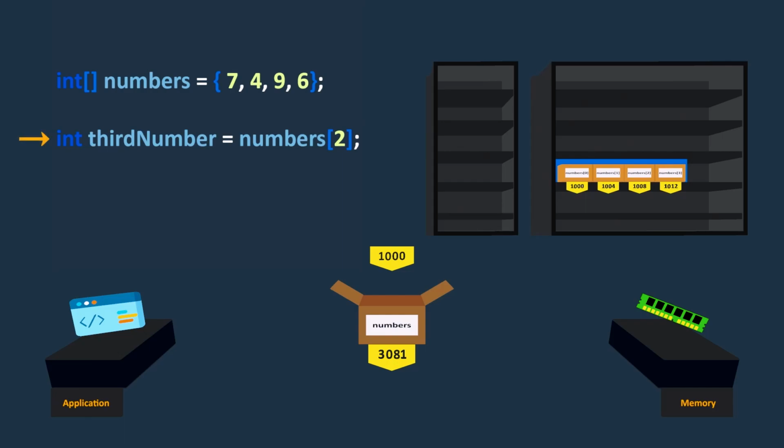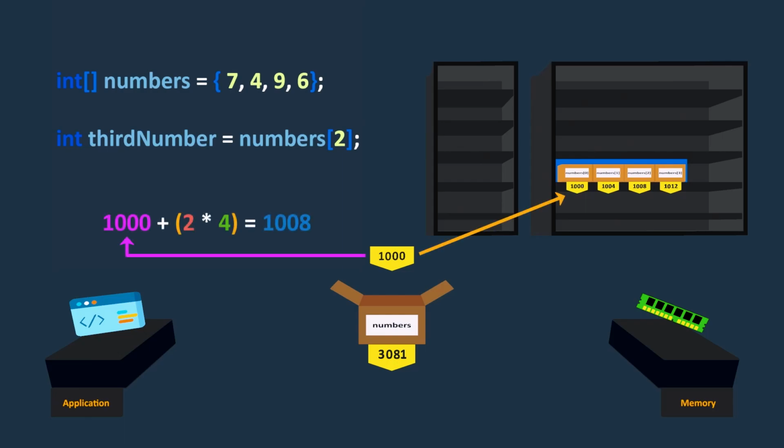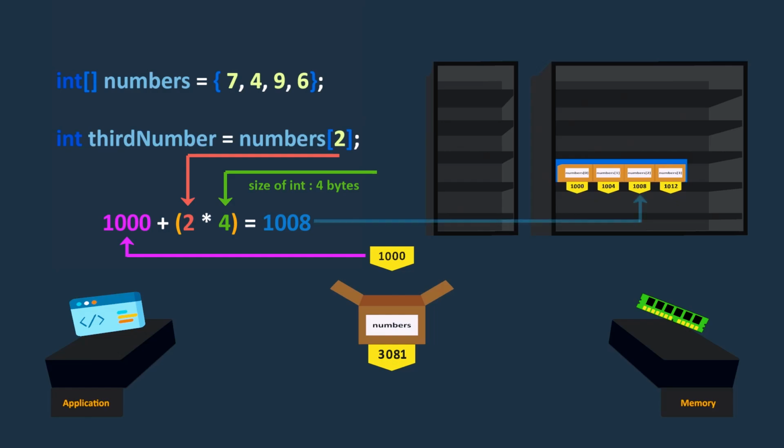In this line of code, the variable numbers is used along with the index 2 to calculate the memory location of the third element. The reference stored in numbers points to the beginning of the array, and by adding the appropriate offset for the third element based on the size of the element type, the value is retrieved from the correct memory location, which is 1008.